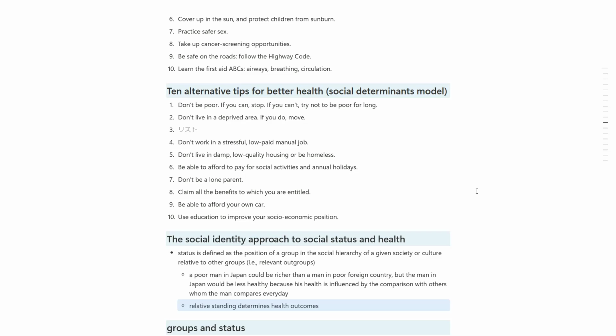What determines his health is how he compares himself with someone in the same society. So this is a relevant outgroup. Someone in the poor country is not a relevant outgroup, but someone who lives in the same society, in the same country, is a relevant outgroup that man compares himself with.